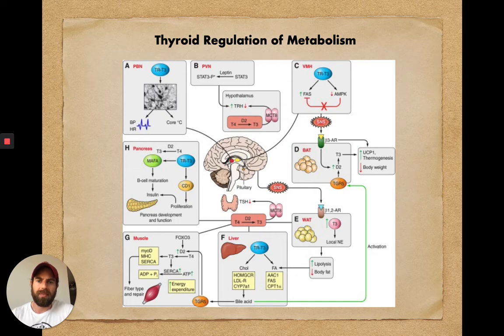So this is pretty much the entire picture here. You're affecting blood sugar and insulin issues and muscle and liver health and bile acids and cholesterol, and also affecting your ability to burn fat and create heat in the body, thermogenesis, and obviously blood pressure and heart rate.